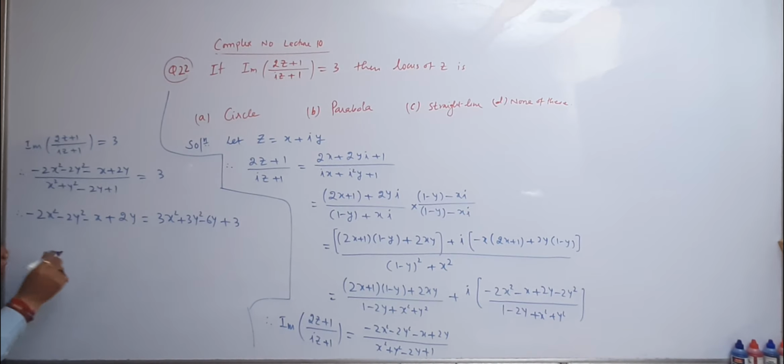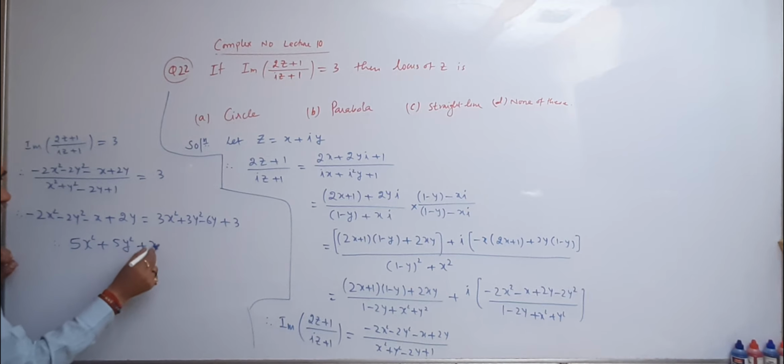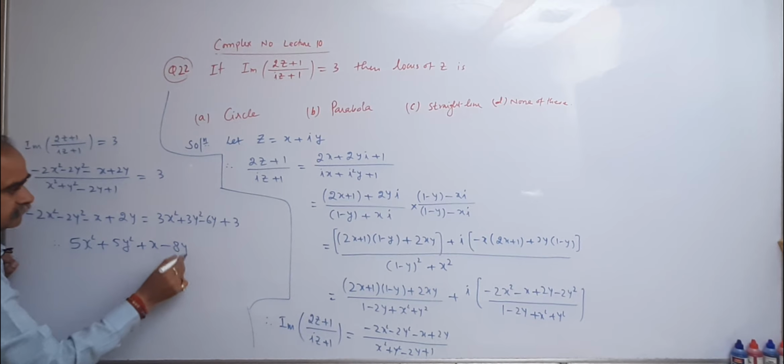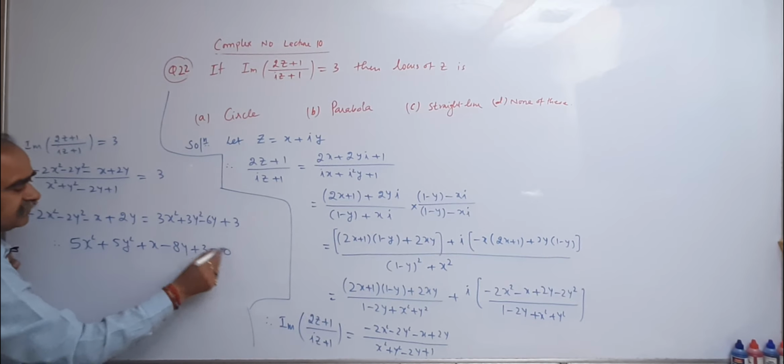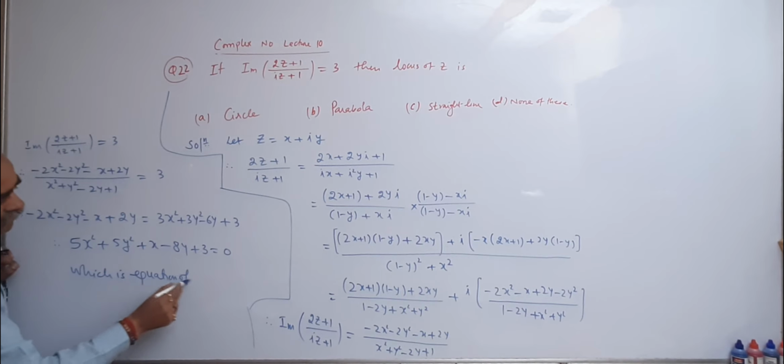Transfer all the terms on that side. So 3x square plus 2x square is what? 5x square plus 3y square plus 2y square, minus 6y plus 2y, 8y, sorry, minus 8y plus 3 is equal to 0, which is equation of circle.